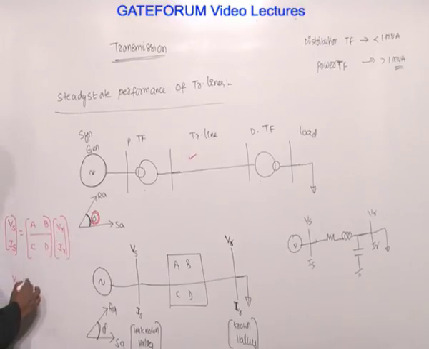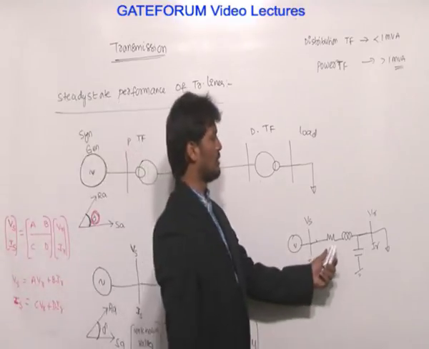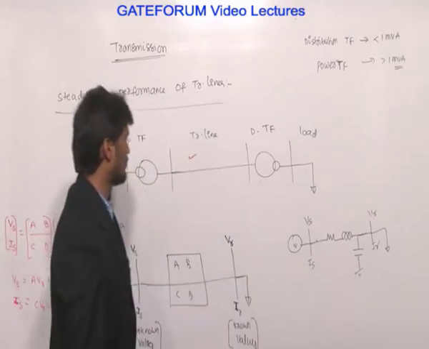Therefore, VS is equal to A VR plus B IR, IS is equal to C VR plus D IR. These unknown values are represented in terms of known values by using ABCD parameters. This is the representation of a transmission line, or else we can also represent a transmission line by an RLC model, or ABCD networks.